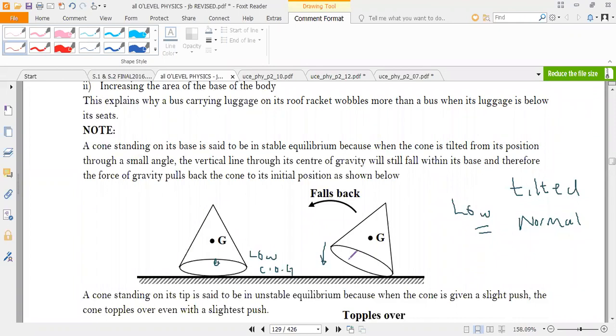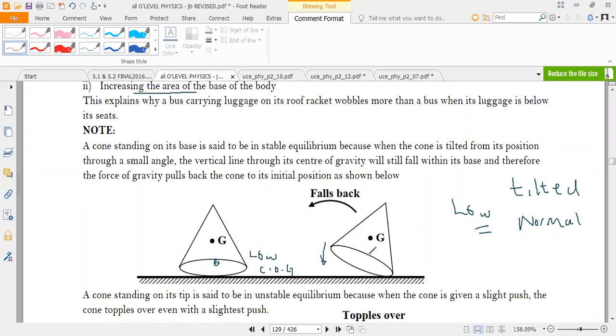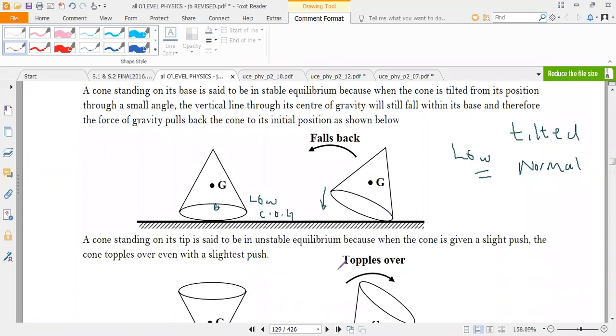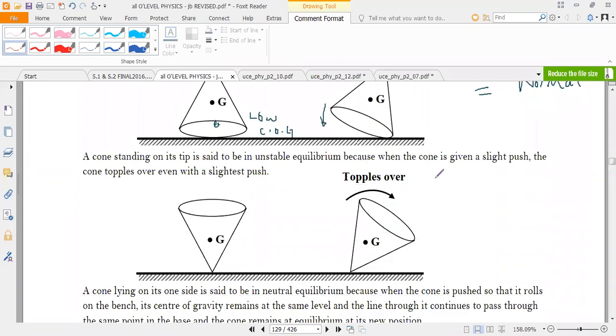Among the ways of making a body stable, we have lowering its center of gravity and also increasing the base area. In such a case, the base area is large and the body has a low center of gravity. Then for unstable equilibrium, the body has a raised center of gravity.